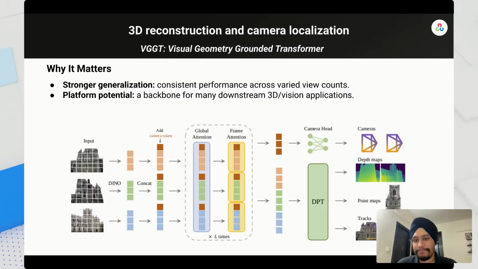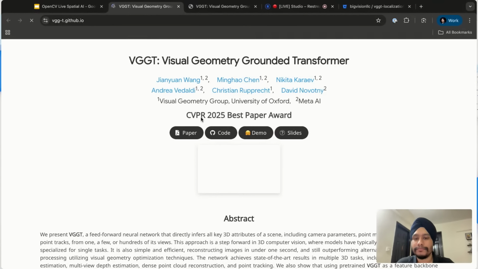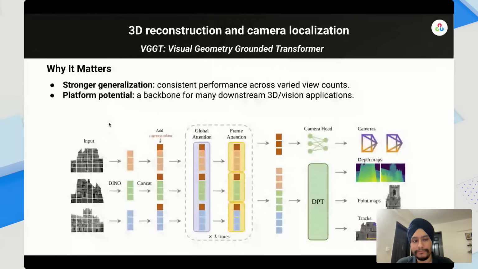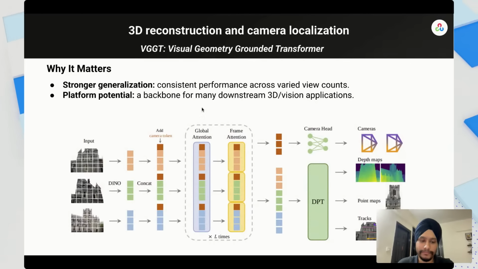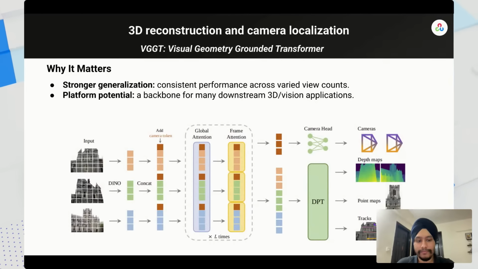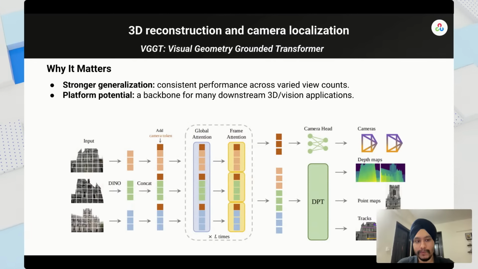And one other thing is that if you look at the outputs it's producing, it's producing the camera positions, as well as the depth map, the point cloud, and the tracks. So it's producing more than necessary, in the sense that you could argue that once you have the point cloud, you don't need the depth map.